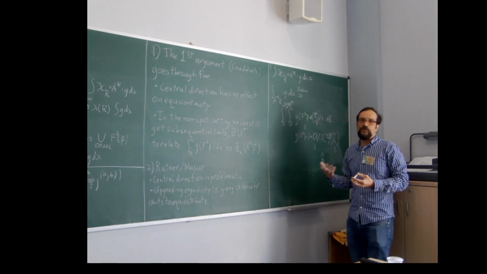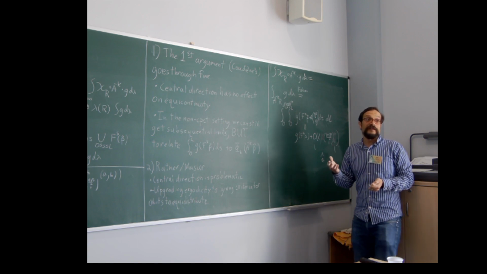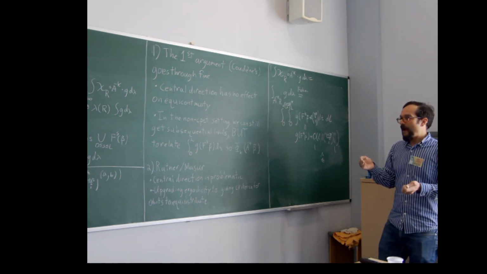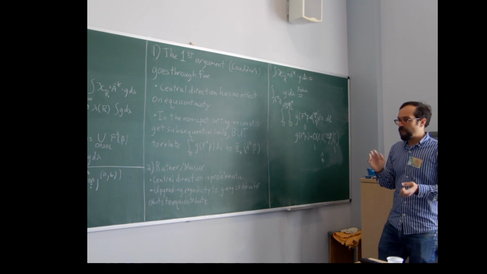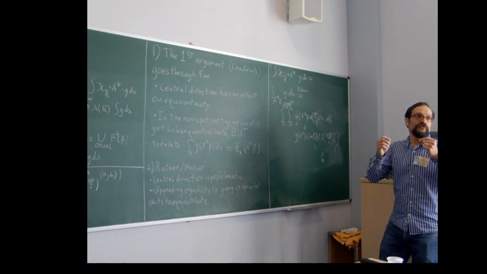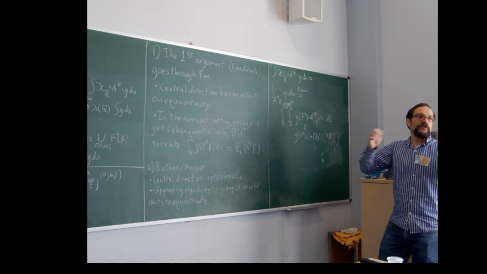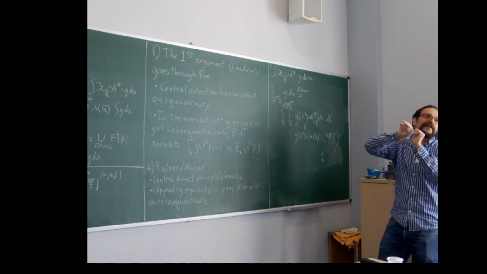For example, in the co-compact setting, I can get unique ergodicity, and in the non-co-compact setting, I can get equidistribution so long as my orbit returns infinitely often to a compact set under the direction of the flow that contracts the direction of my dynamics.